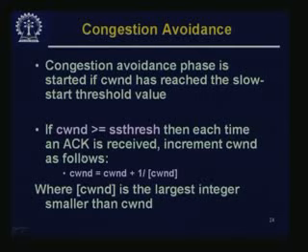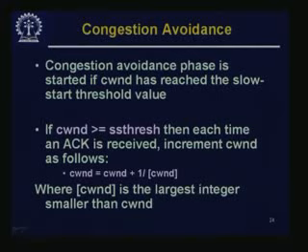Congestion avoidance phase is started if CWND has reached that SS thresh. Then each time an ACK is received, increment CWND as follows: CWND is equal to CWND plus 1 by floor of CWND, that is, the largest integer which is smaller than CWND.